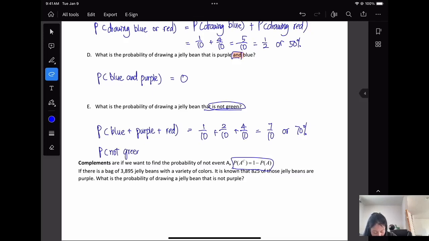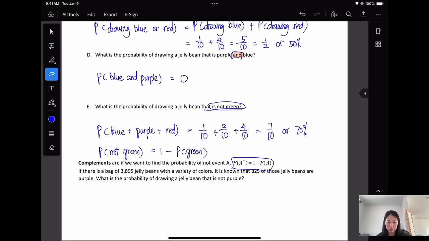The probability that it is not green should be equivalent to 1 minus the probability of green. So in this case, we have 1 minus the probability of getting green, which is 3 out of 10. So we still get 7 out of 10, which is 70%. So either way works.